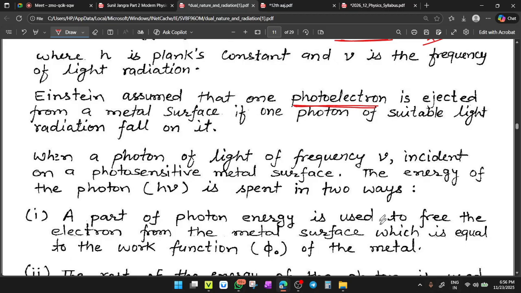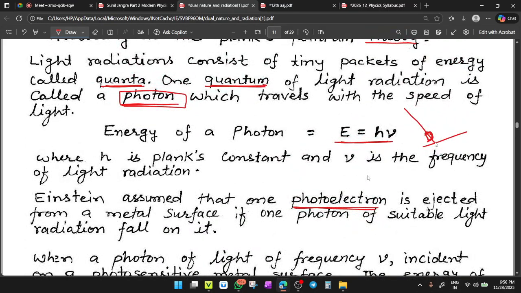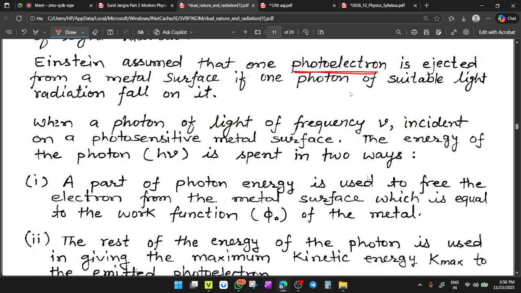So there is ejection of one electron when one photon is incident.